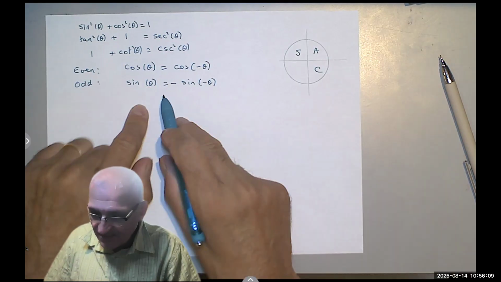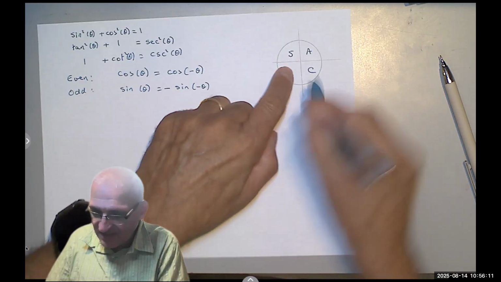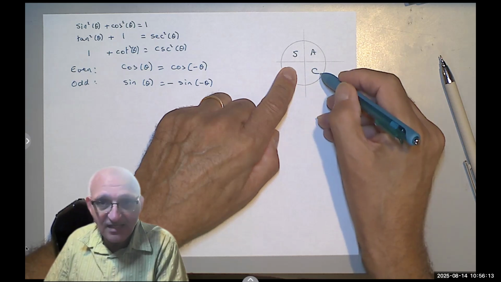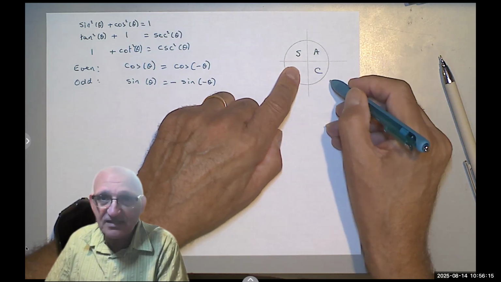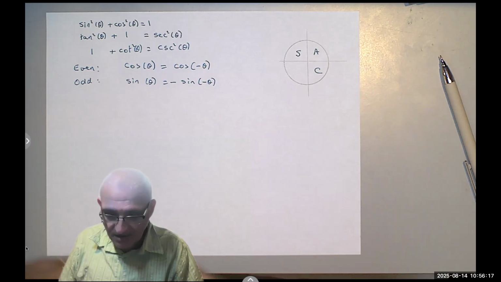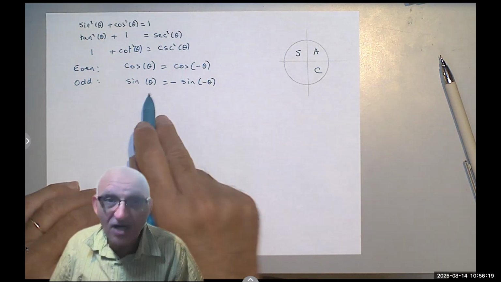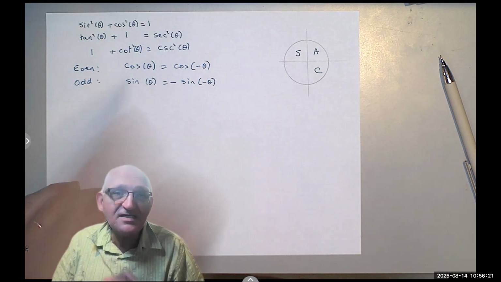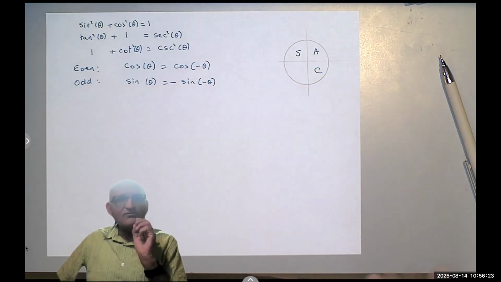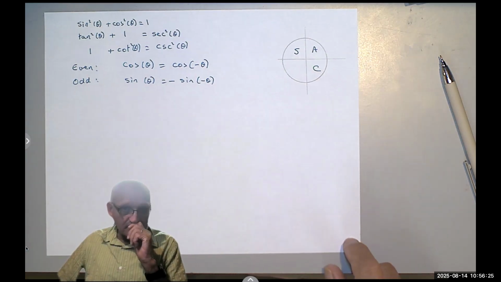Notice the tan is the same thing, because the tan is positive here. So the tan of theta and the tan of negative theta are the negative of each other. So the sine and the tan are odd functions. The cosine is an even function. That becomes sometimes important.